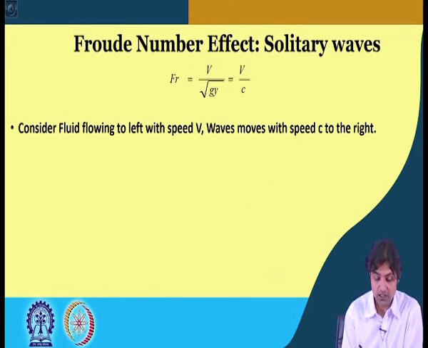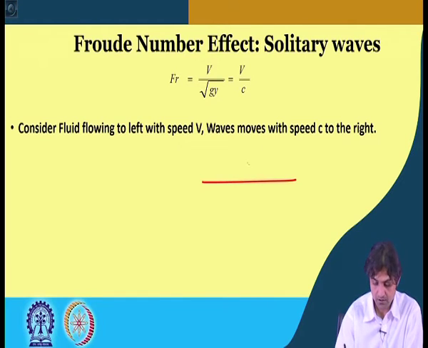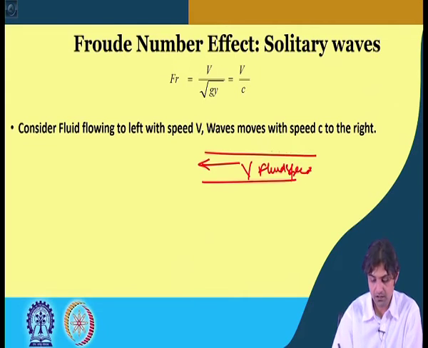So, if we consider a fluid which is flowing to the left with speed v, assume an open channel, I will assume an open channel without boundaries actually, all right. The fluid is moving to the left with speed v, and there is a wave that is generated and is travelling with speed c to the right.